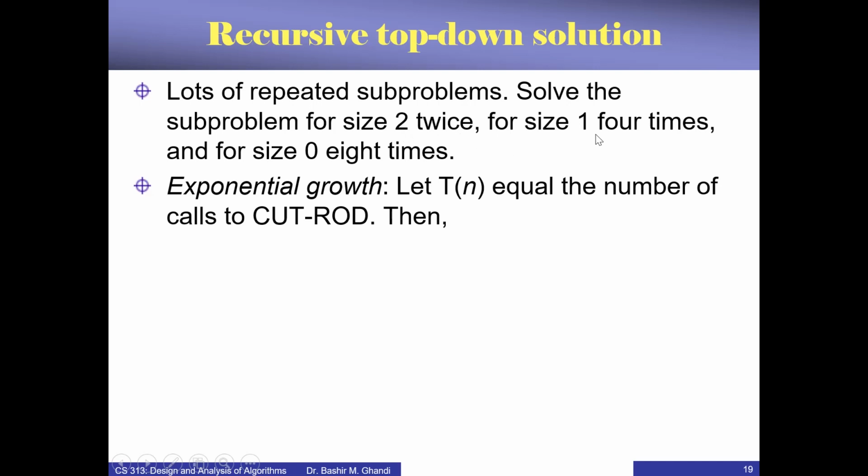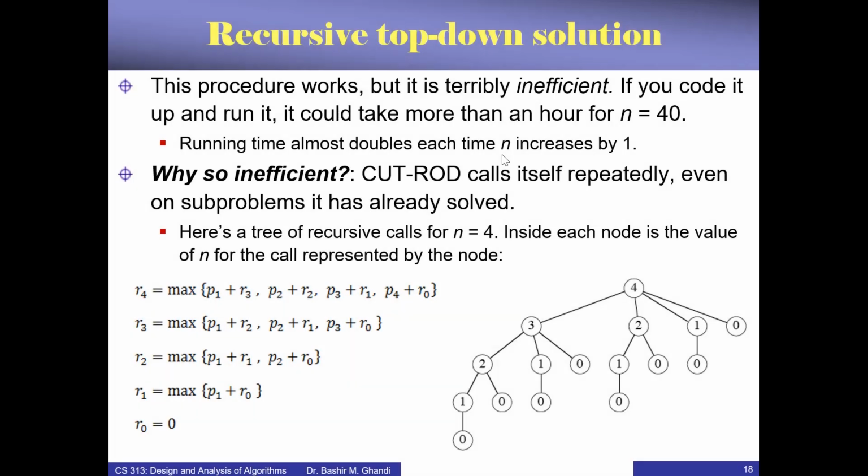It solves the problem of size 1 4 times. And it solves the problem of size 0 8 times. Now this is just for length equal to 4. You can see if you count the number of zeros, 1, 2, 3, 4, 5, 6, 7, 8. The number of 1s is 4. The number of 2s is 2, and so on.